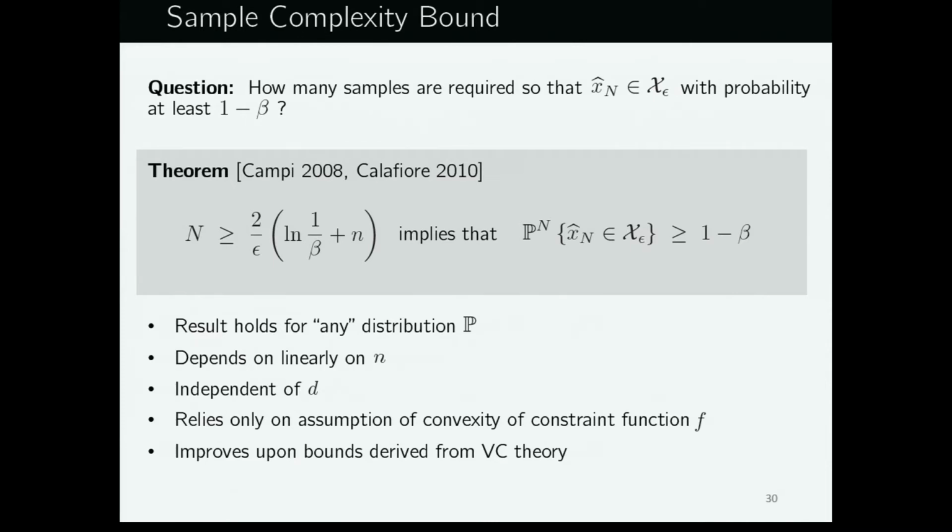So what we've done is we've taken a problem which is quite difficult to solve in general, constructed a random convex approximation which is guaranteed to yield solutions which are feasible with high probability. They might be conservative, but if the number of samples is not so large, then you would expect they'd be close to optimal. But that's actually an open question as to how one might bound the optimality gap incurred by these random optimal solutions.